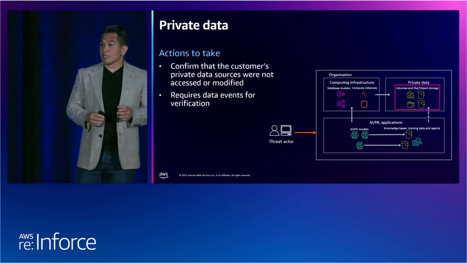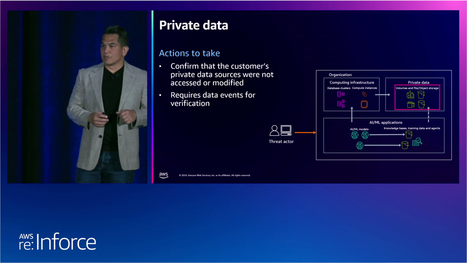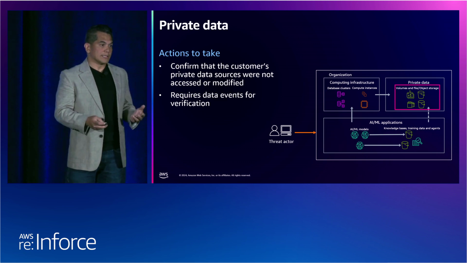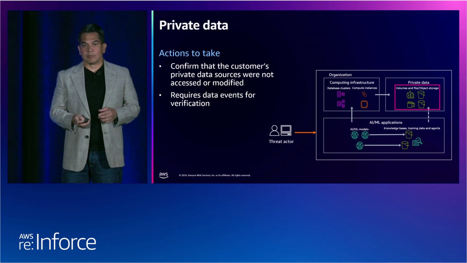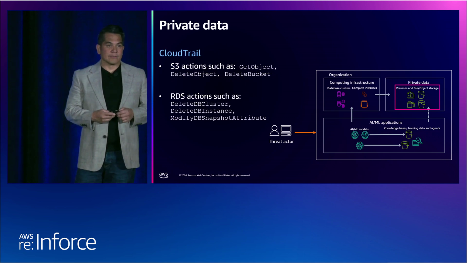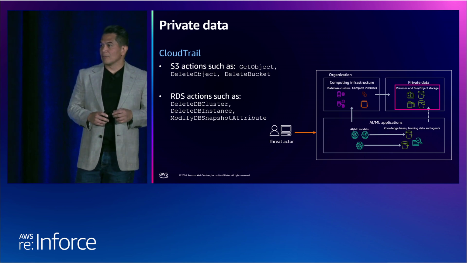Okay, we also want to take a look at private data. So we want to confirm that the customer's private data was not accessed or modified. And typically you would need data events to verify this, okay? Data events aren't actually configured by default, so you want to make sure they're configured. And if you do see activity against private data, you would see actions such as get object, delete object, and delete bucket from S3.